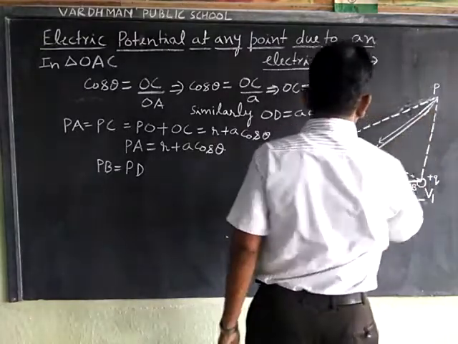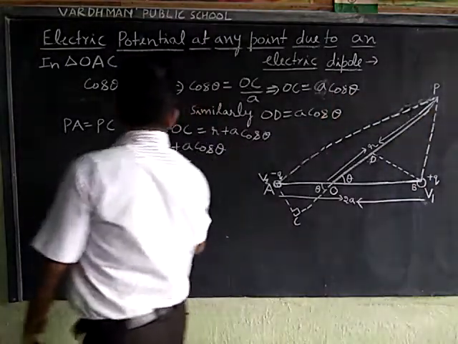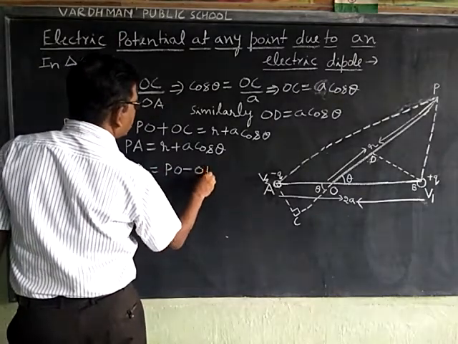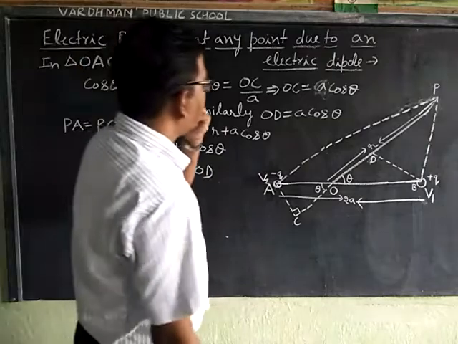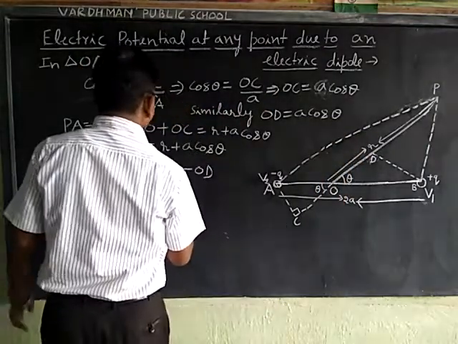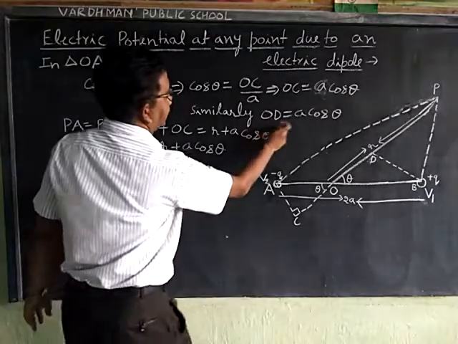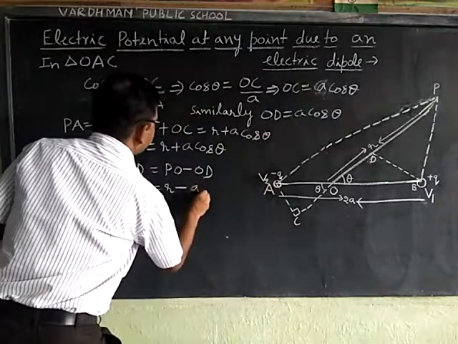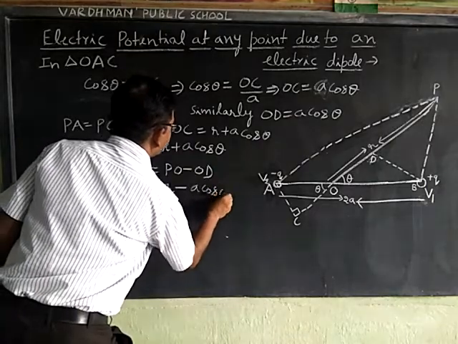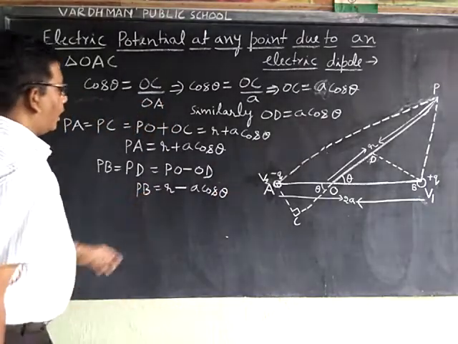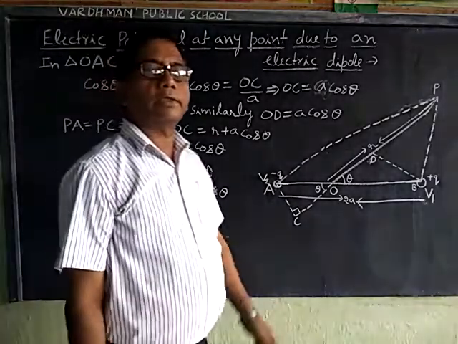What is PO? PO is r, so it is equal to r minus OD, that is, a cos theta. Thus PB is equal to r minus a cos theta.